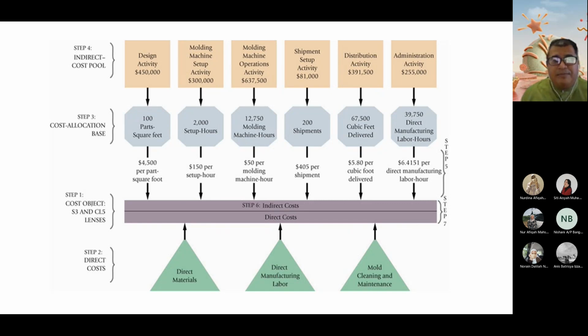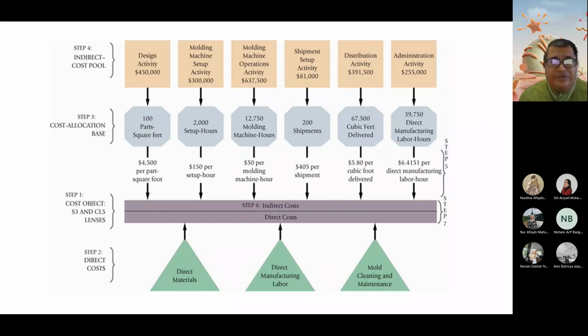Cost allocation base dia based on design activity, based on parts square feet, based on setup hours, based on molding machine hours, based on shipment, based on cubic feet delivered, and direct manufacturing labor hours. So ni dia punya allocation base dia 1, 2, 3, 4, 5, 6.